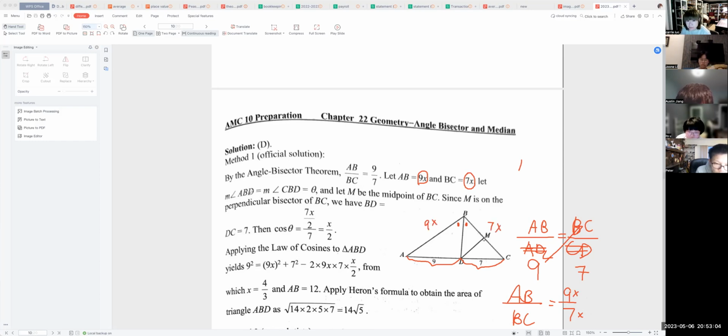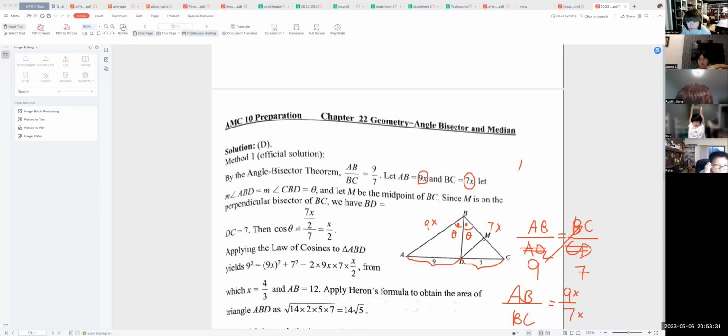So let the measurement of angle ABD equal angle CBD, of course, because the question tells you BD is the bisector of angle B. And we just call them theta. Let M be the midpoint of BC, since M is on the perpendicular bisector of BC.